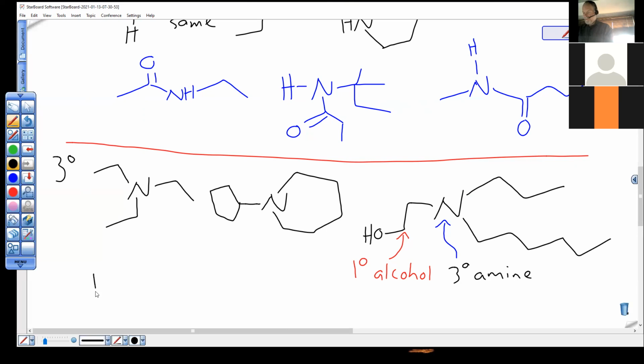And we could have, this molecule is a very common solvent used in organic chemistry called dimethylformamide. Don't worry about its name. And what else? Got the nitrogen in a ring.